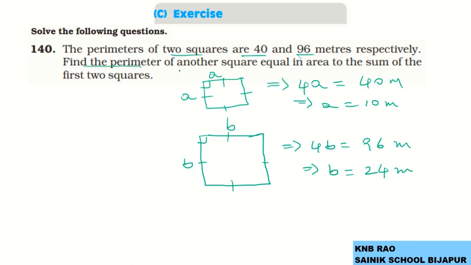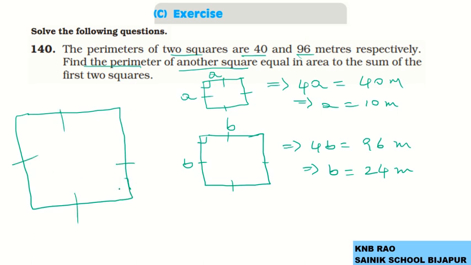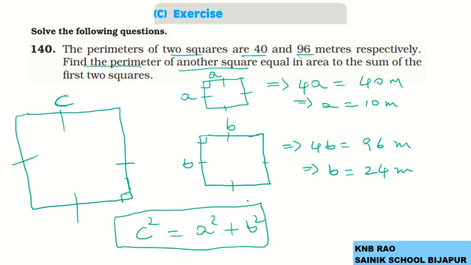Now, as they say, find the perimeter of the third square, whose area is the sum of the areas of these two. It is the Pythagoras theorem, isn't it?